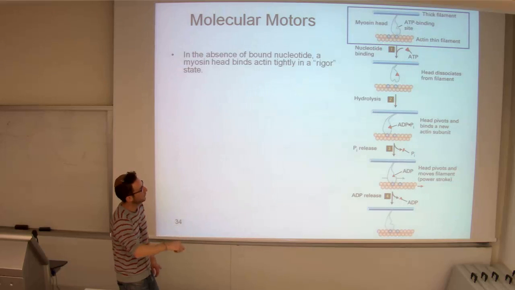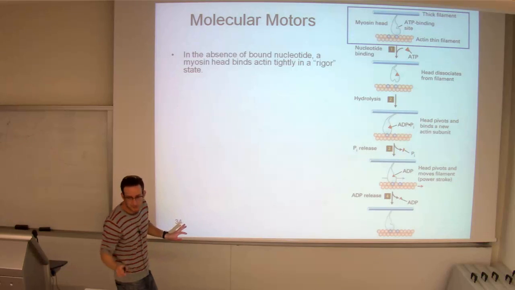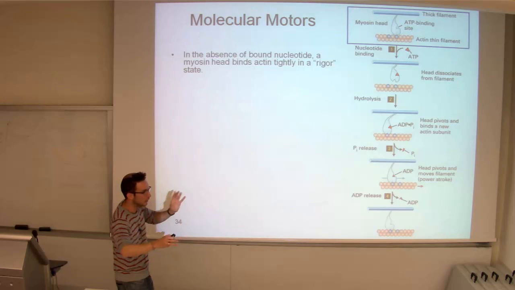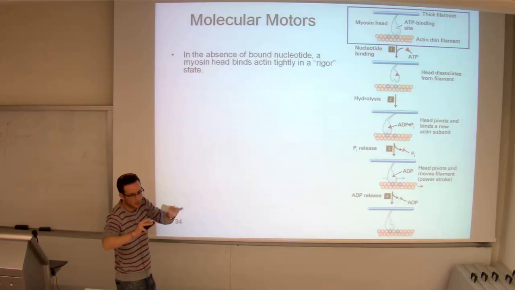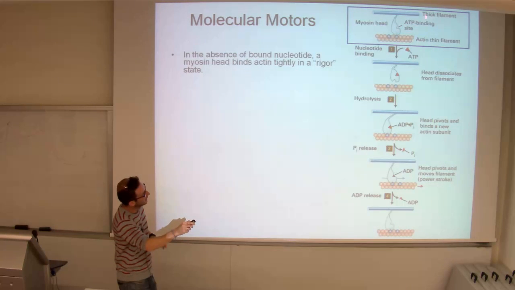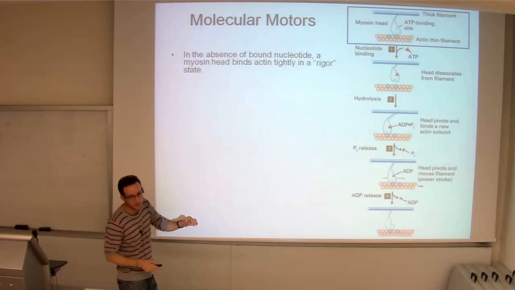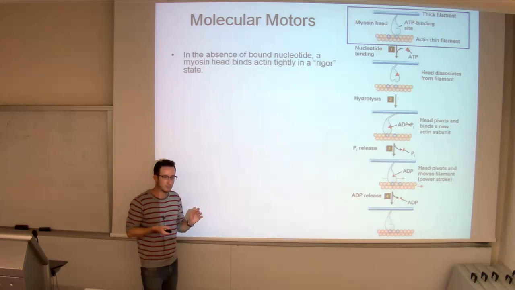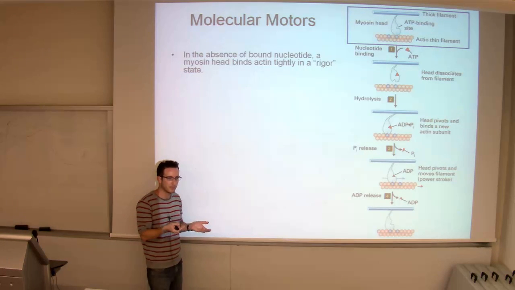Right here. Okay. Now, before you have any ATP in the system, the myosin, surprisingly, is tightly bound. You would expect to have a loose system, but it's the other way around, because in the lack of ATP, the myosin binds tightly to the actin. And actually, this is the reason for the phenomenon that is called rigor mortis, or stiffness of death.